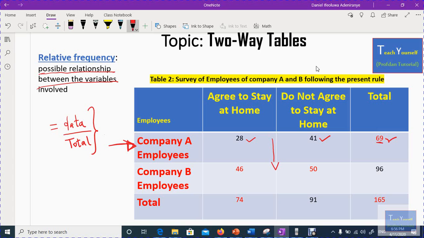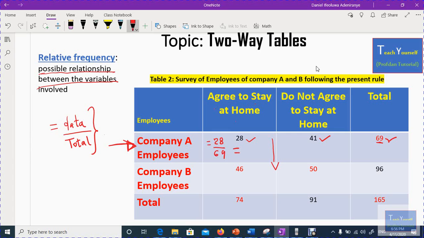So if I want to calculate the relative frequency for company A employees that agree to stay at home, all I do is, what is the data at that point? The data at that point is 28, those that agree to stay at home, divided by the total 69.